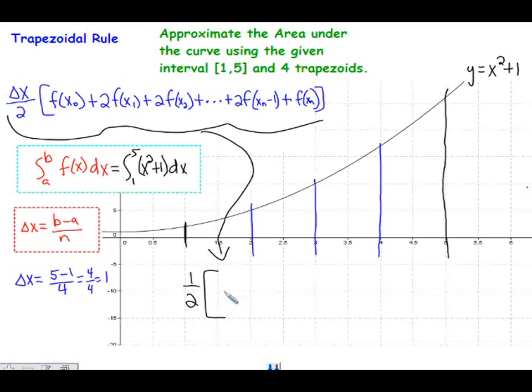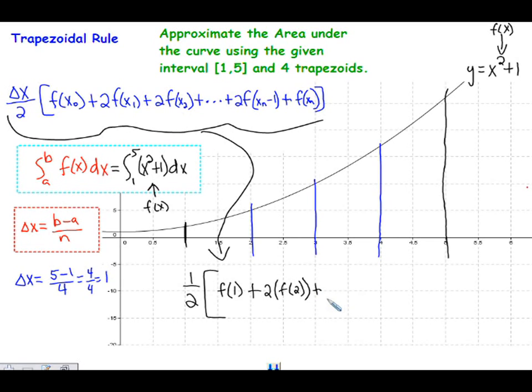Okay, now f of x is the curve, right? So if we plug in x0, the first value from our interval, which is 1, we're going to plug in f of 1, and then 2 times f of 2. We're going to continue all the way to the end of the interval.